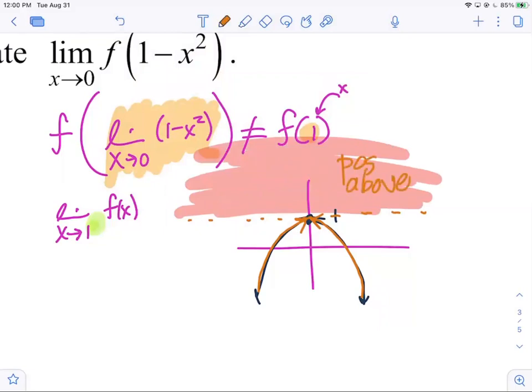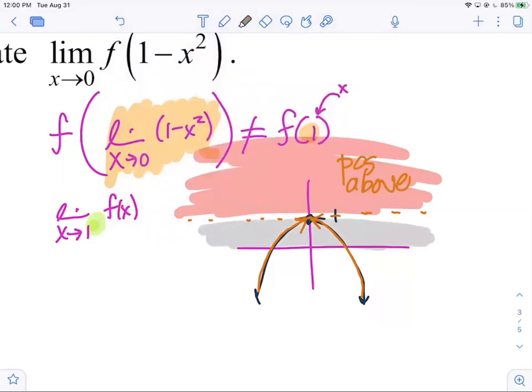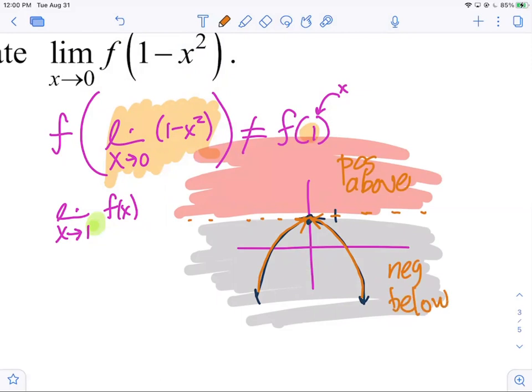And then the negative region, sorry, I'll use gray instead of blackout, right? This would be the negative region, which is below. It's kind of like in Algebra 2 when you shaded inequalities, right? Okay, so because outputs become inputs, the y value of 1 that we're indubitably approaching has to now be approached from a particular direction.